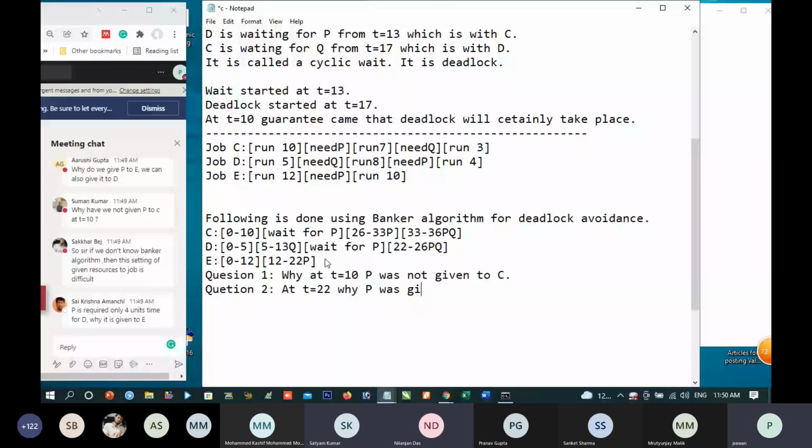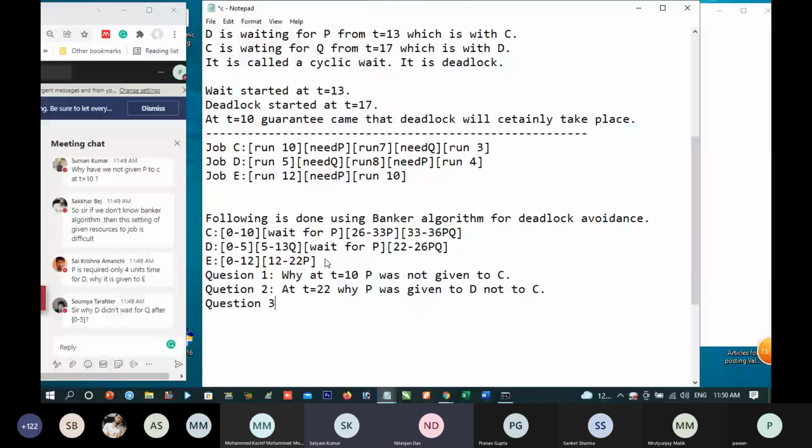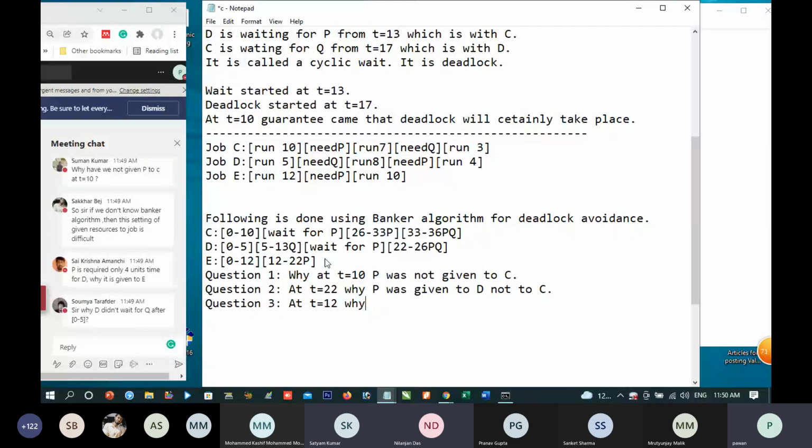Question 3: at t equal to 12, P was given to E after denying it to C at 10.